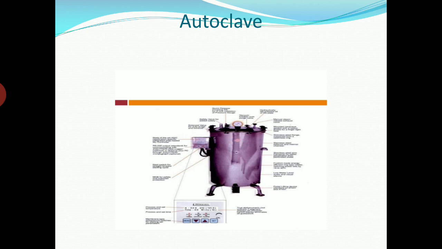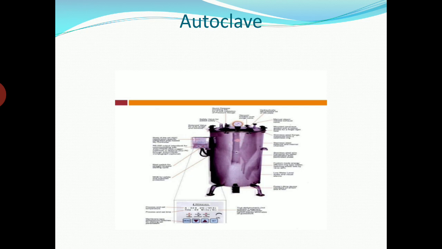The first one is the simple autoclave, in which the body is made of gunmetal and is cylindrical in appearance and closed at one end by hinged doors. A gasket seal is provided between the door and cylinder.